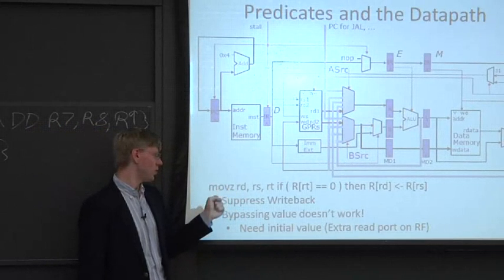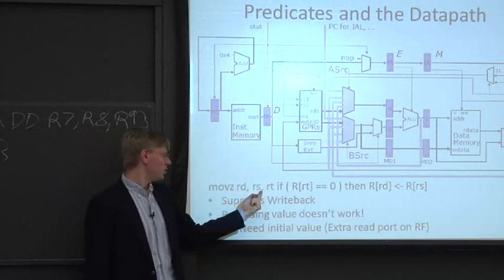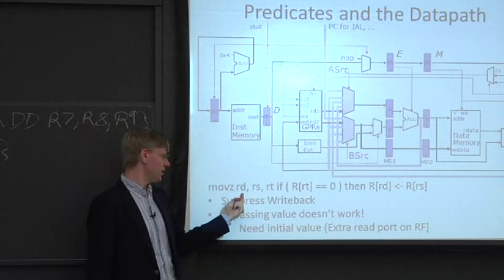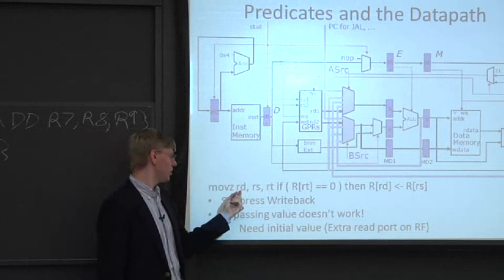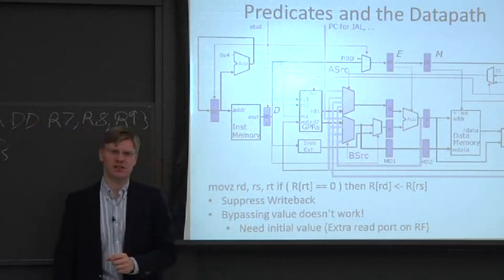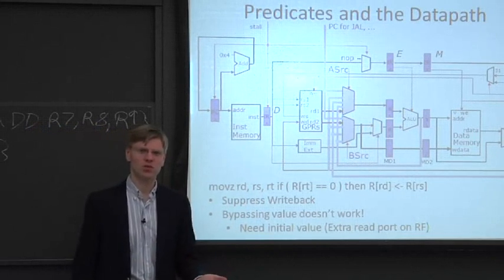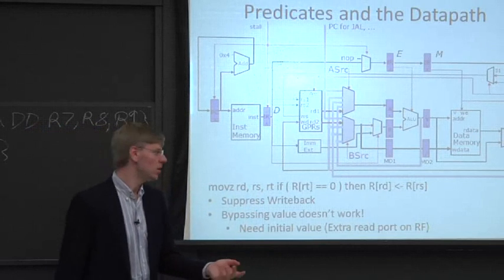Move 0 is going to write RS to RD, or it's going to write RD to RD. Now you say, why do I need to write RD to RD?